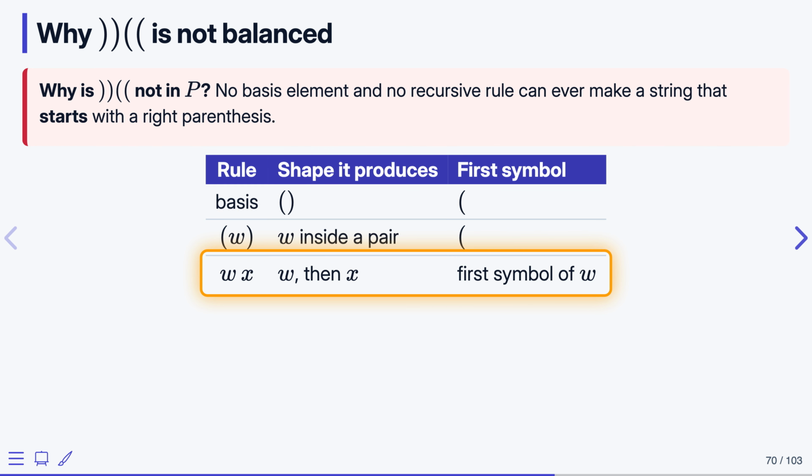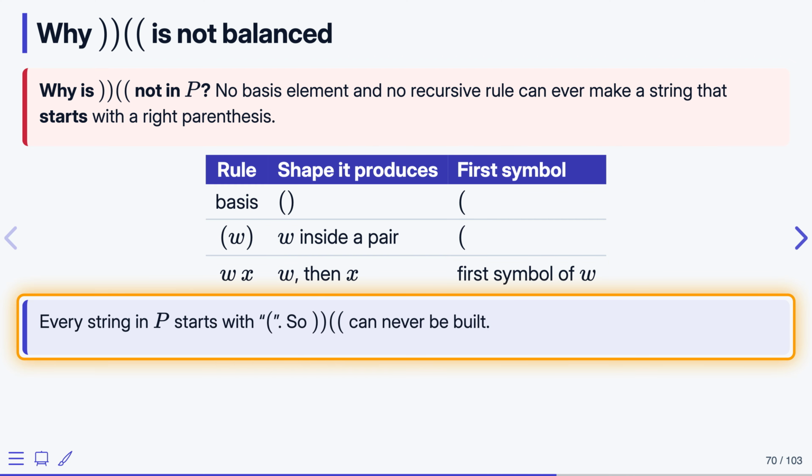The second rule writes W and then X, so the first symbol is whatever W started with, and W is already in P. So every rule gives the same answer. Every string in P starts with an open parenthesis. Our string starts with a close parenthesis, so nothing can build it. It is not balanced.